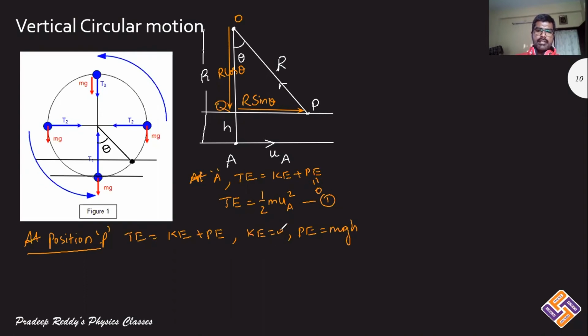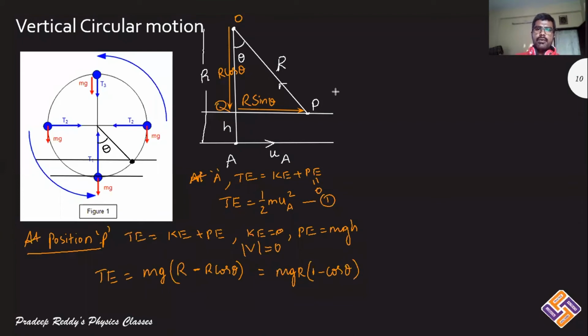So total energy can be simply written as mg into h. What is h written as? h is equal to R minus R cos theta. This is equal to mg capital R into 1 minus cos theta. So that is the total energy.